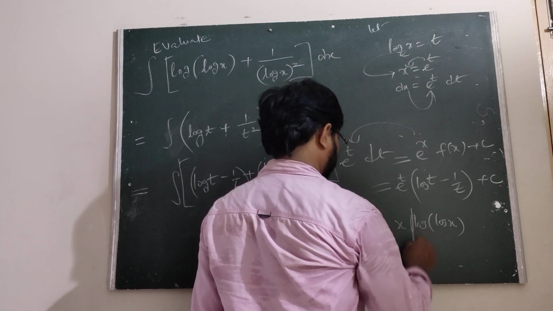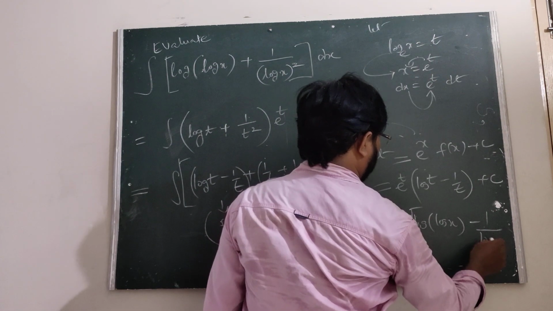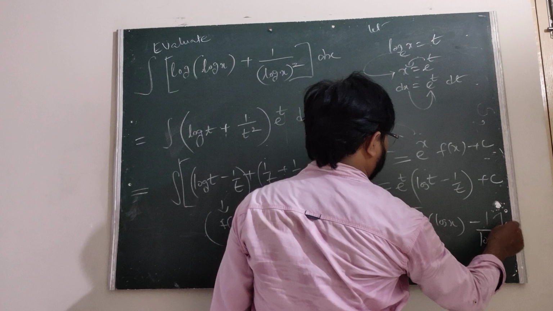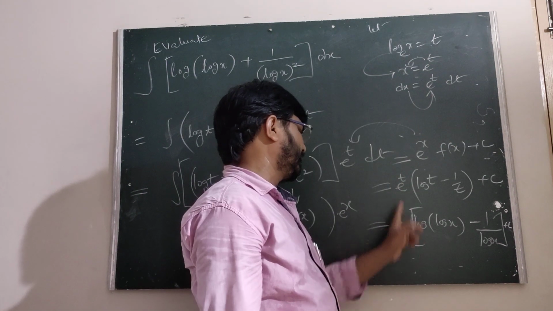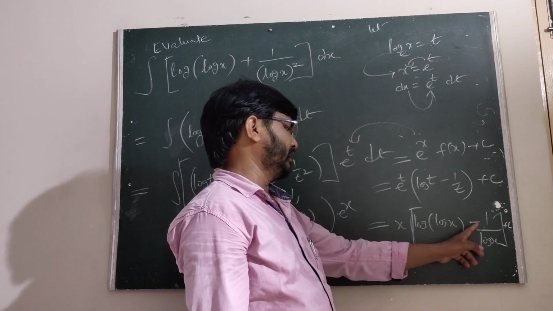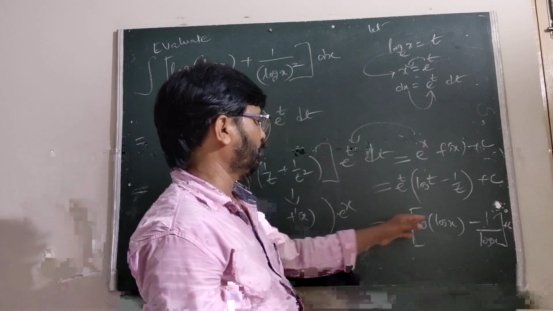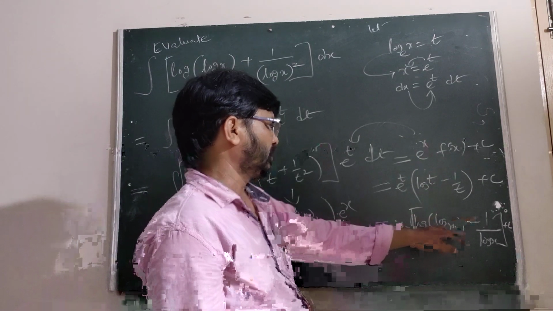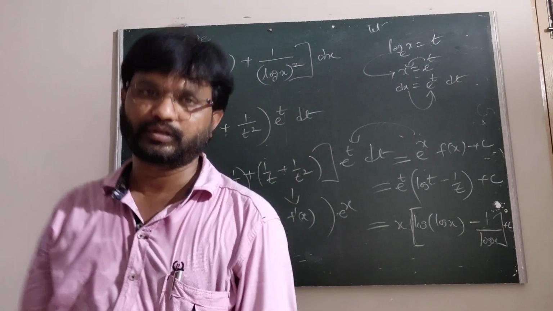So x into log x minus 1 by log x plus c is the required answer. This is the final output. Is it okay?